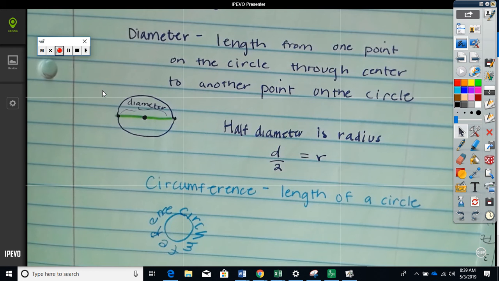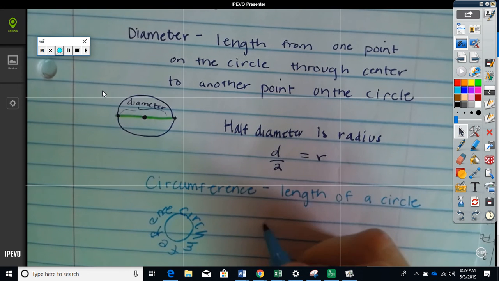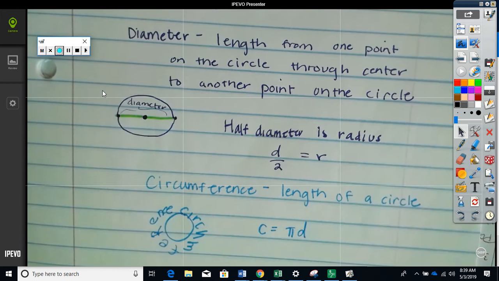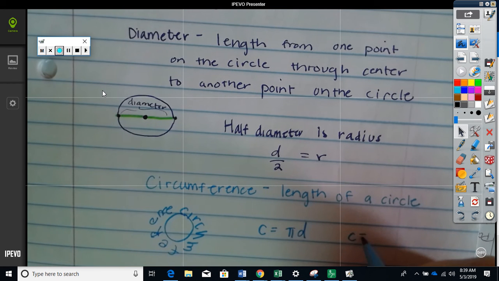Circumference. You could think of it as pi times the diameter, or circumference is 2 pi r.